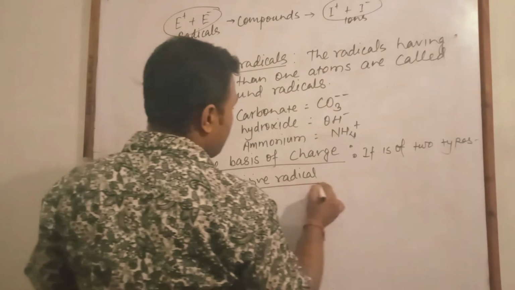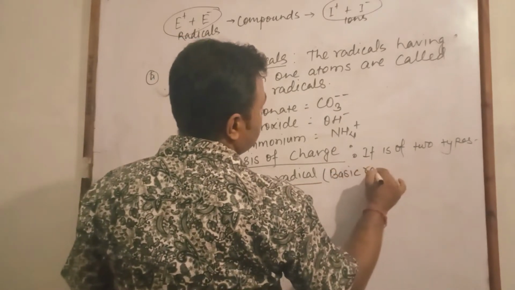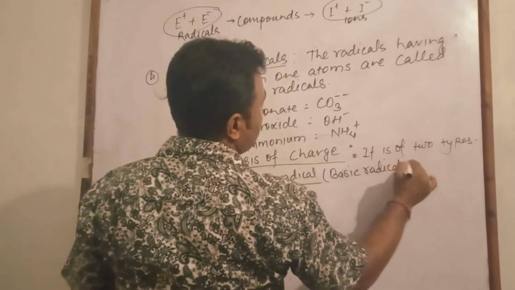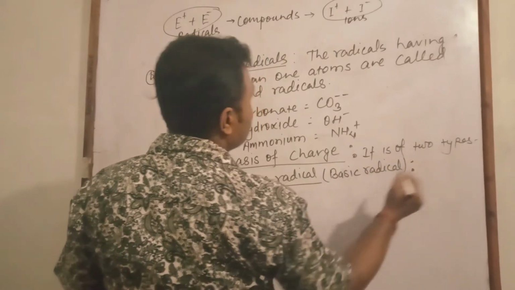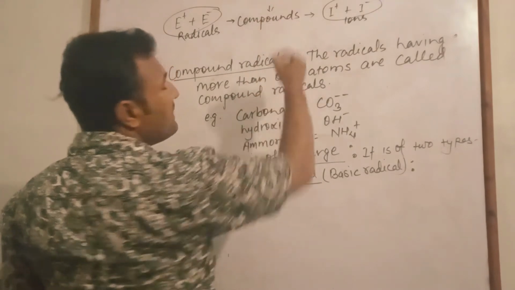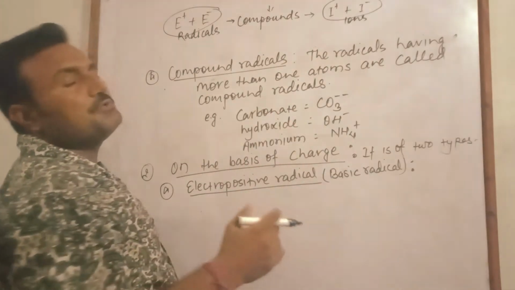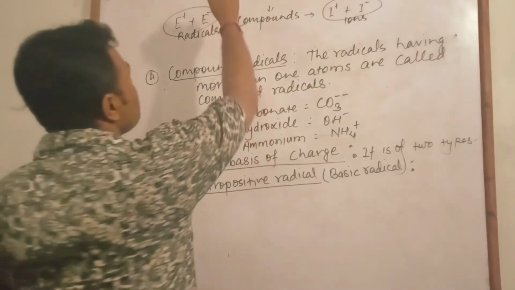Electropositive radicals are also known as basic radicals. Why are these called basic radicals? Listen, generally compounds are considered as made from acid and base, or neutralization between acid and base.